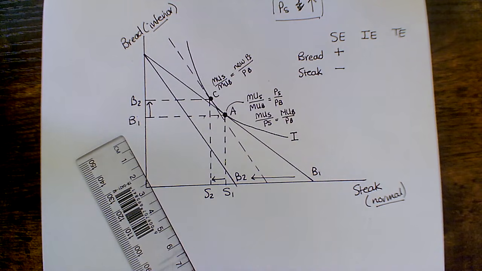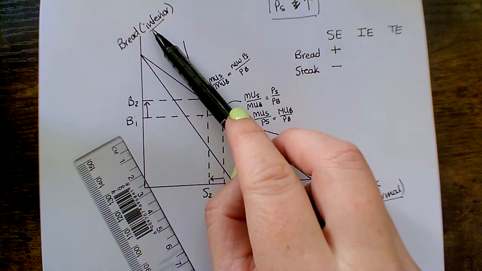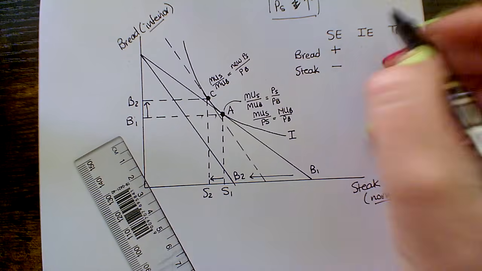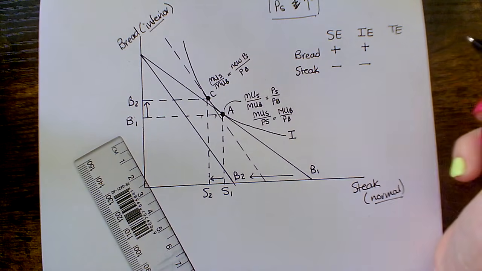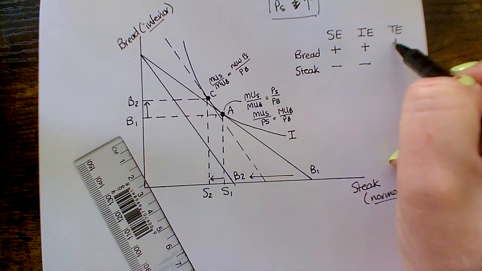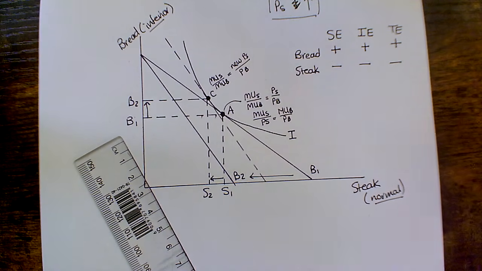And just like the previous example, if real purchasing power goes down, I buy fewer normal goods and more inferior goods. So the income effect for bread would be positive and the income effect for steak would be negative. That means I should expect to have a positive overall total effect for bread and a negative overall total effect for steak.